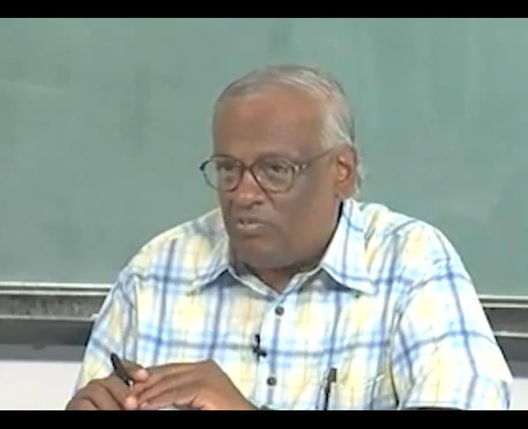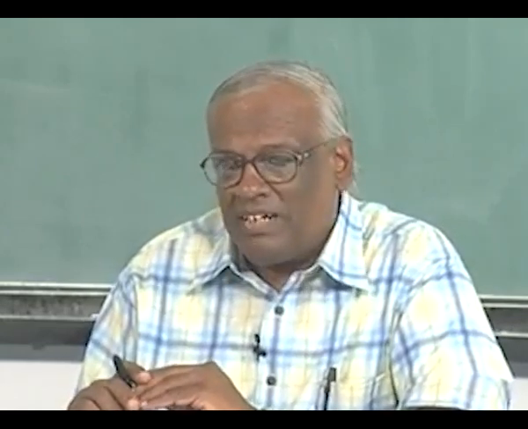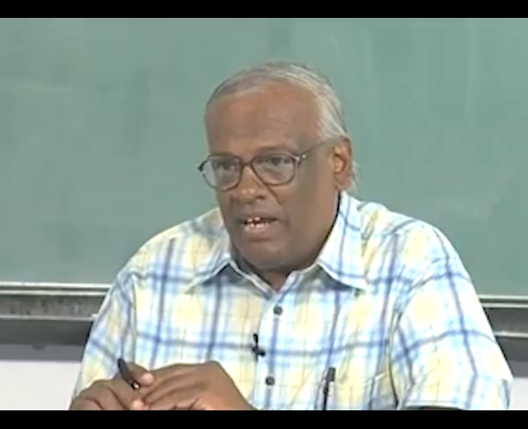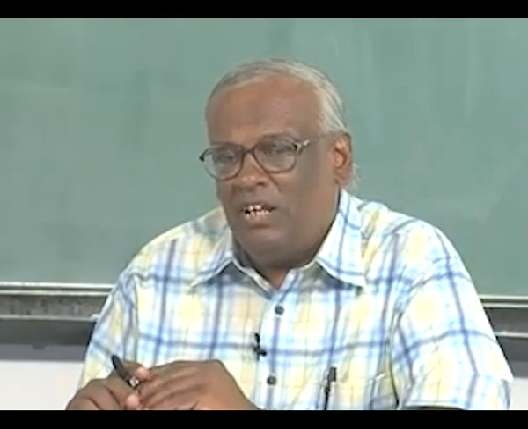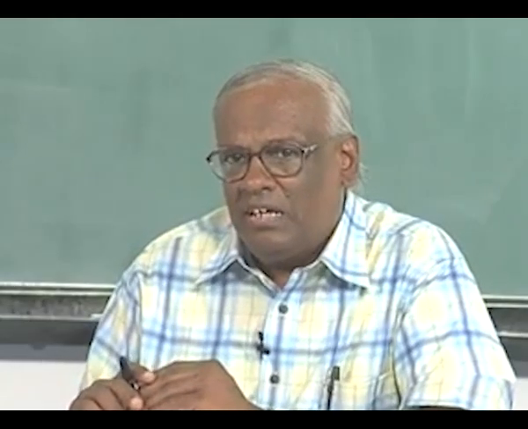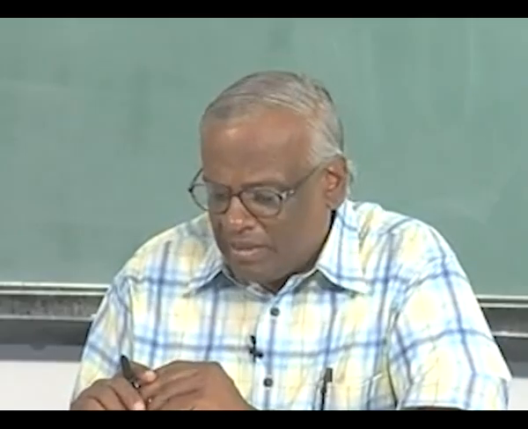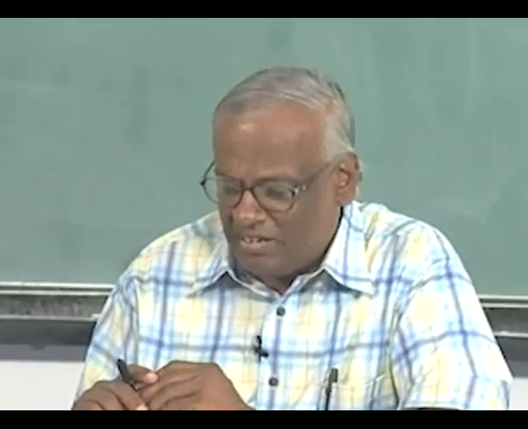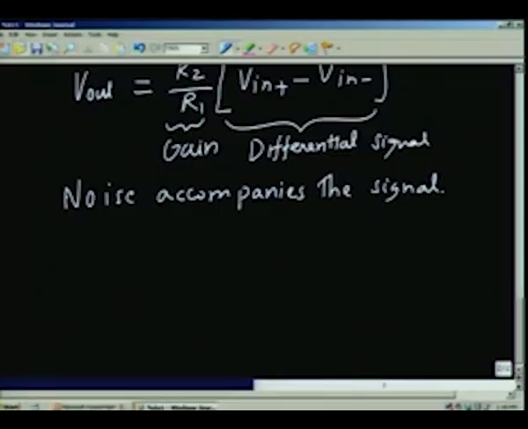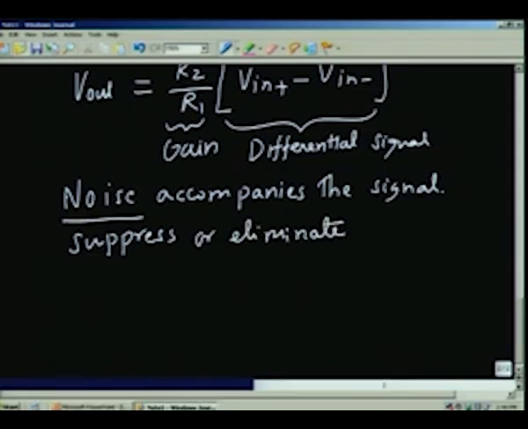These errors could be in the form of a noise which is present along with the signal, and if the noise is very large compared to the signal, it may sometimes not be possible to find out what is signal and what is the noise. Therefore, many times we have to suppress or eliminate this noise.